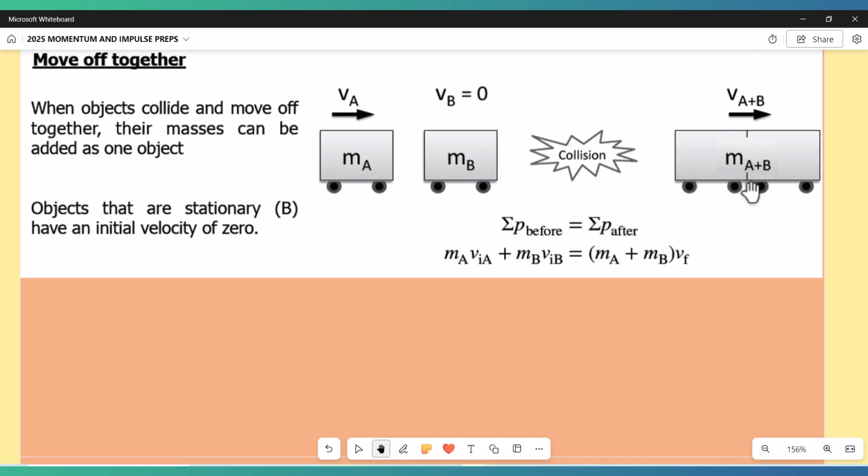Because they're sticking together, we're going to say (m_A plus m_B) times v final, because they are stuck together, they should have the same speed. But here we have m_A times v_iA plus m_B times v_iB. That's what we do in our calculations. Please note that if they are stationary, then the initial velocity is 0. We are going to see them in the calculations, don't worry about that.